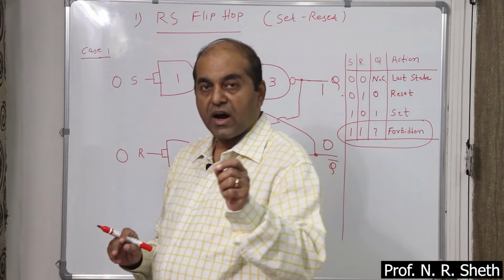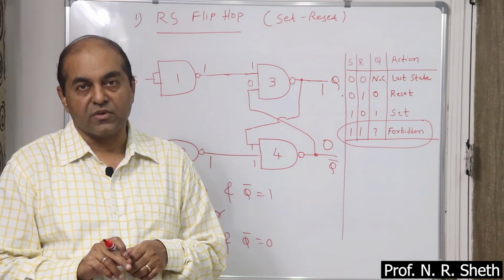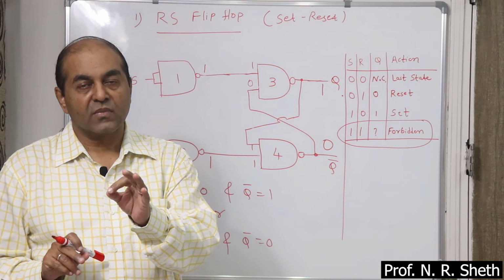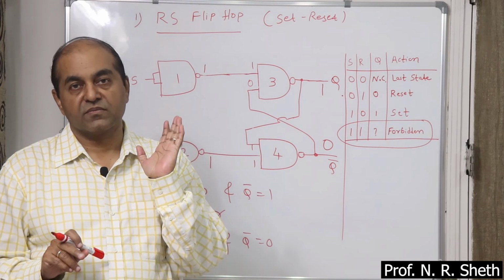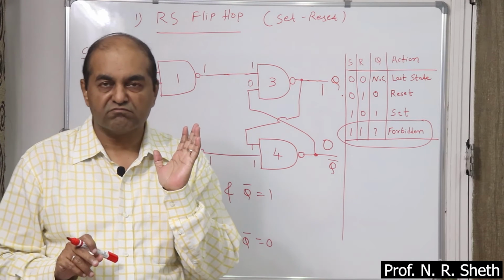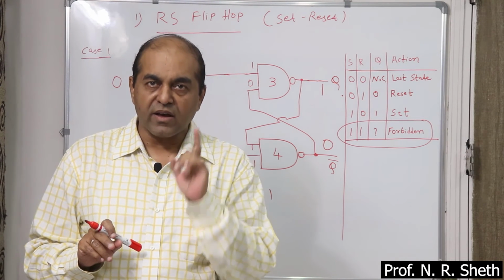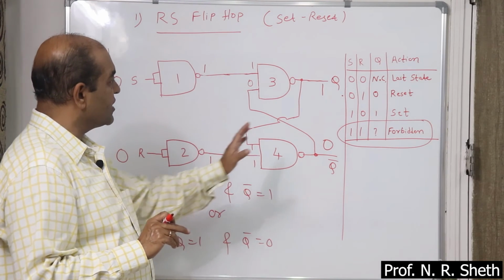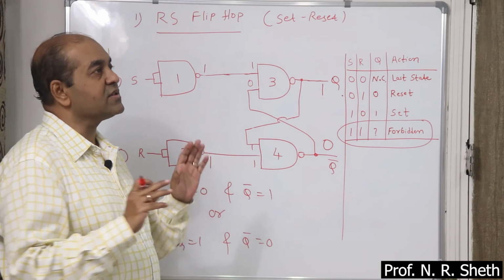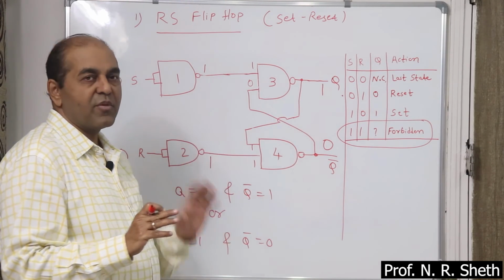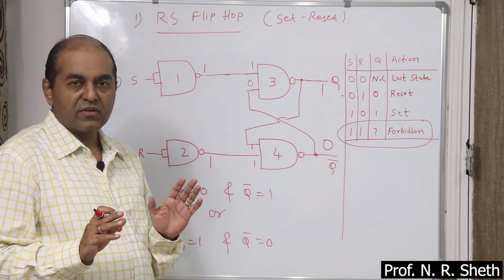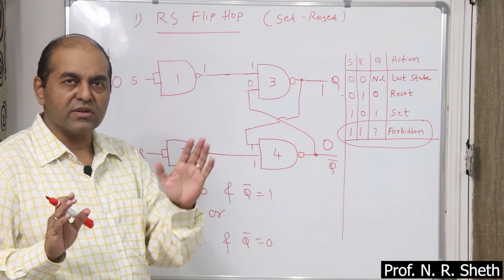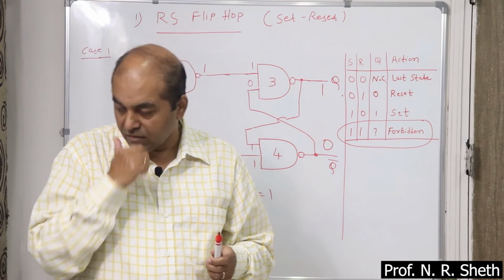When you deal with the set-reset flip-flop, when S is 1 and R is 1, it is said to be a forbidden, unwanted state. So the designer has to be careful that in an RS flip-flop, S is 1, R is 1 never occurs. And if S is 0, R is 0, the flip-flop retains the last state. If Q is 0, in the next state Q also remains 0, or if it is 1, it remains 1.